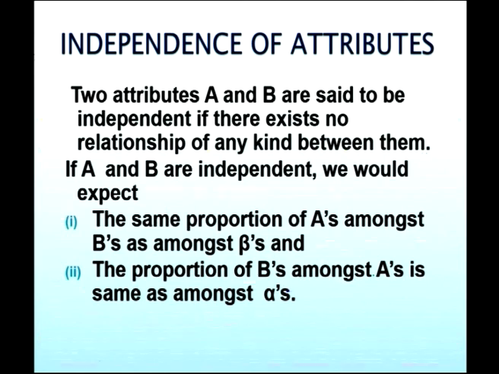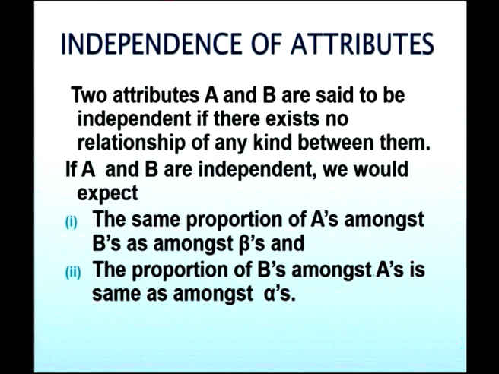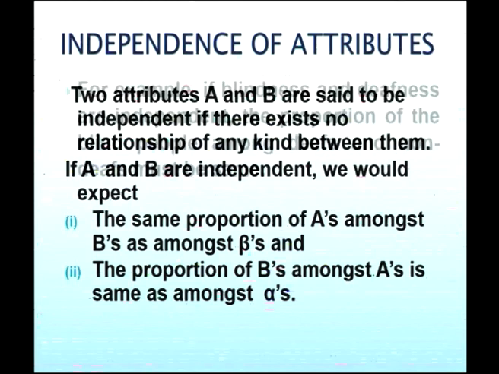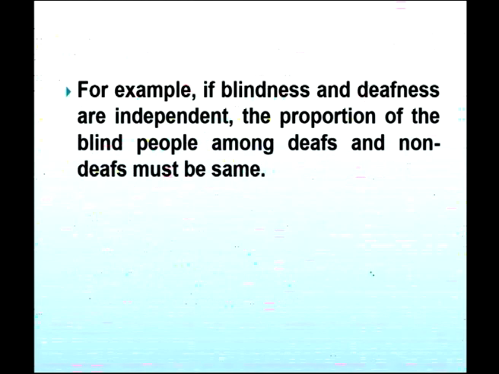That is, to say that A is independent of B means A should be independent with B as well as with beta. Similarly, the proportion of B's amongst A's is the same as amongst its negative part, that is alphas. For example, if blindness and deafness are independent for a member, the proportion of blind people among deafs and non-deafs must be the same.